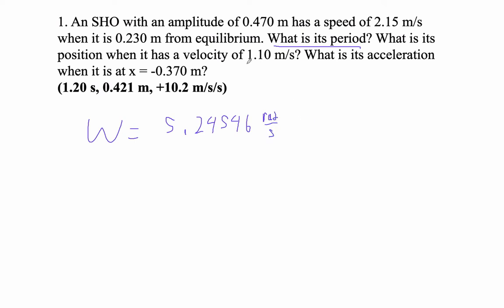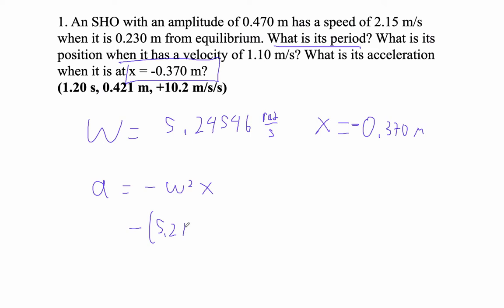We know that the x is negative 0.370 meters. And I'll just use this: a is the opposite of omega squared x, the opposite of 5.24546 squared, times negative 0.37.